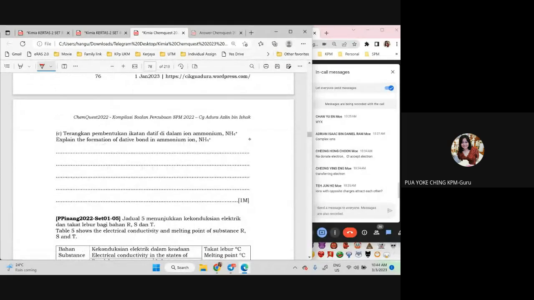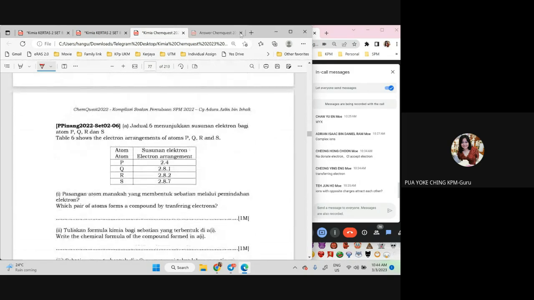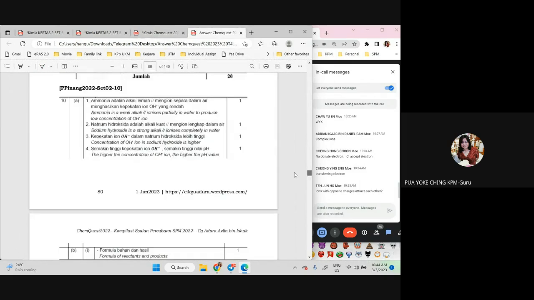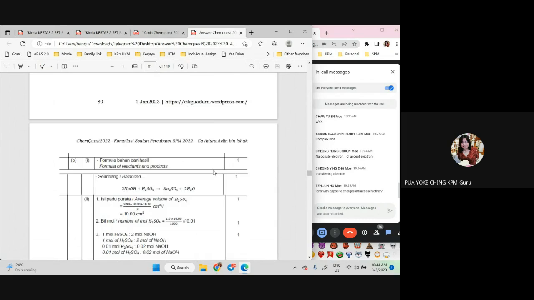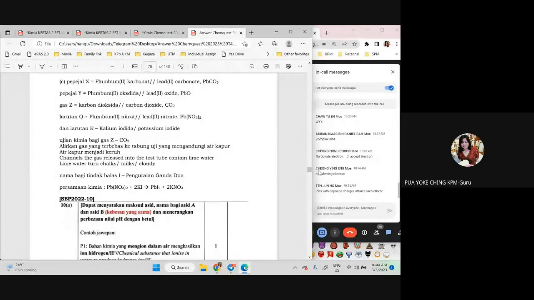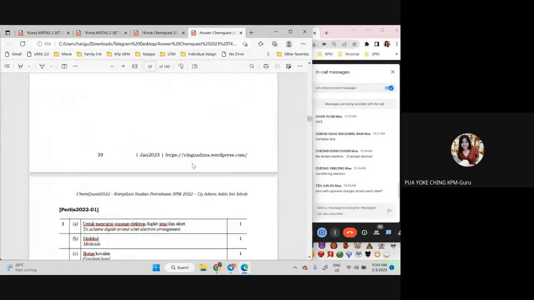Okay, then this is how the dative bond forms. NH4+. So ini I rasa jawapan pun dah diberi. This is Pulau Pinang Set 2. Wait, I scrolled too far already. This is already chapter 6.